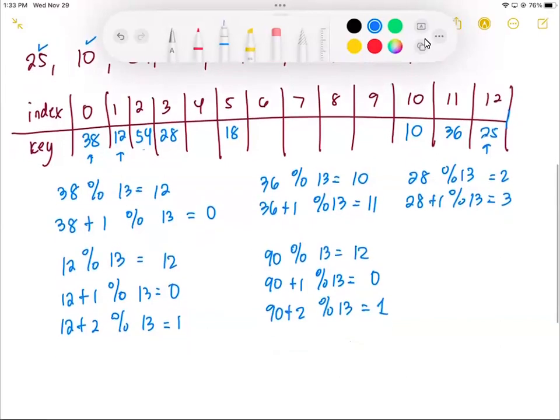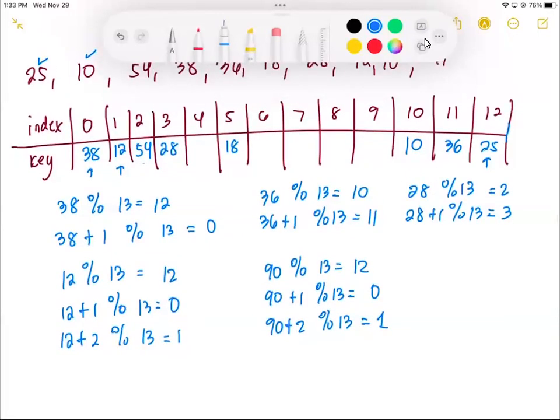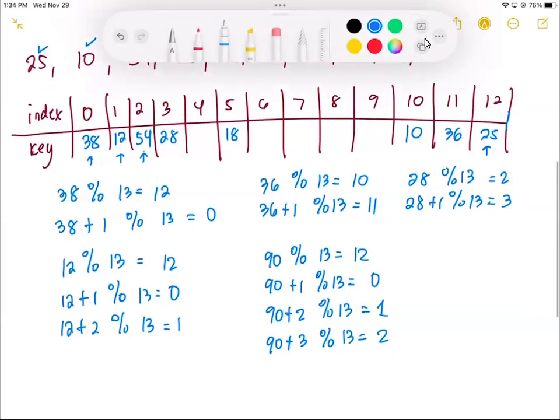So 92 modulo 13. Since it is still occupied, let's look at another bucket, which is the second bucket, but it's also occupied. How did we go to the second bucket? It's just 90 plus 3 modulo 13, and it is equal to 2. Still not empty, so let's look at the third bucket, and it's occupied by 28.